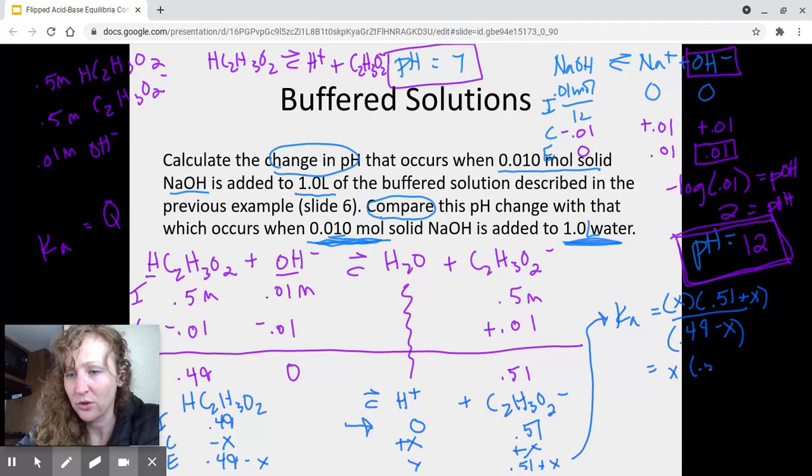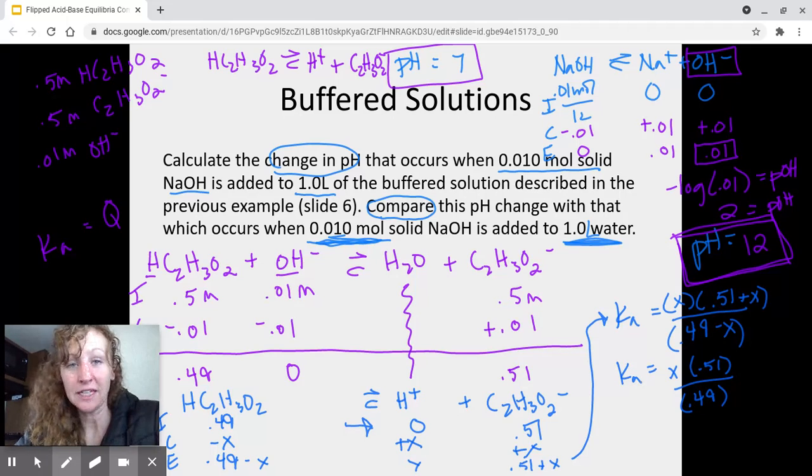I can ignore any X that is added or subtracted, because it's probably not going to add significantly to my numbers. Okay, and now I am in a place where I can solve for X. So the Ka was 1.8 times 10 to the negative 5.